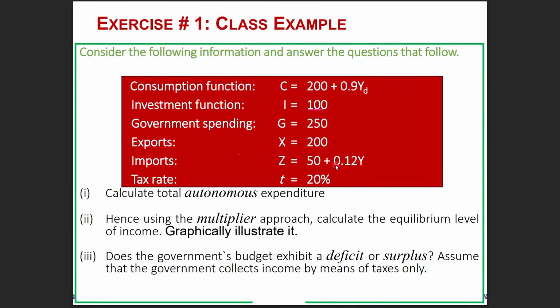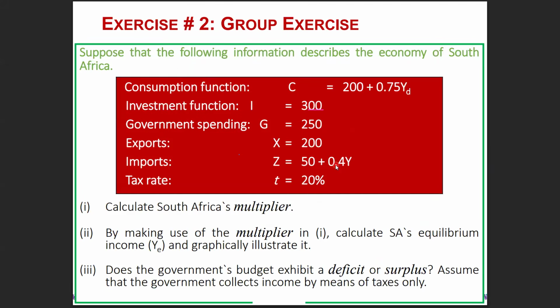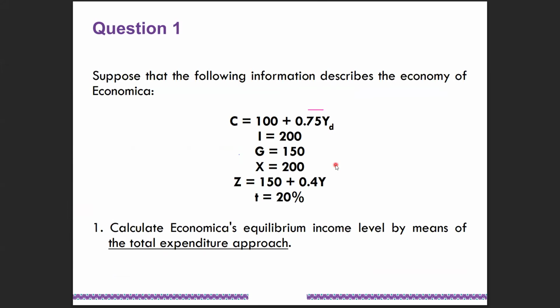Calculate the multiplier, which we did. They calculate the equilibrium income, deficit or surplus. This one is the same, guys. Then calculate the economic equilibrium income level by means of the total expenditure approach. Okay, here the approach is different, but it's still the same thing. So they want us now to use the total expenditure approach.